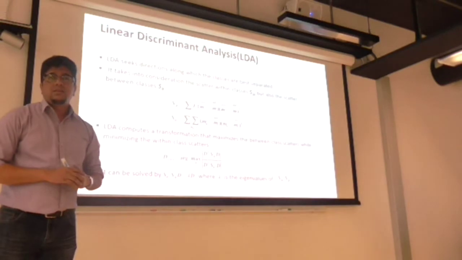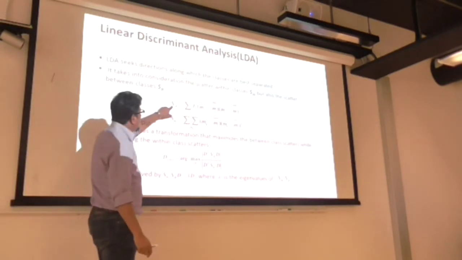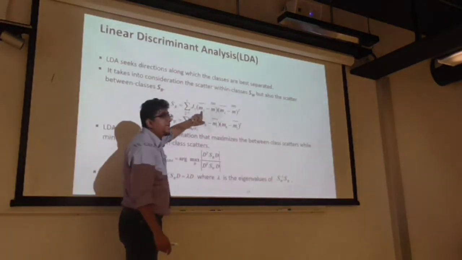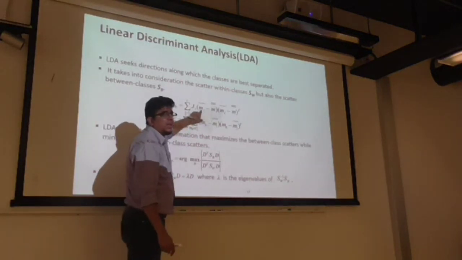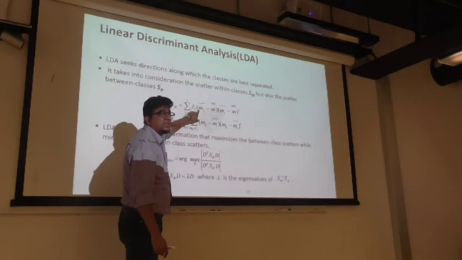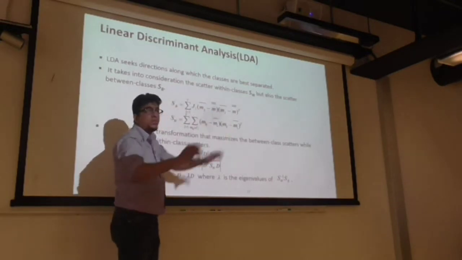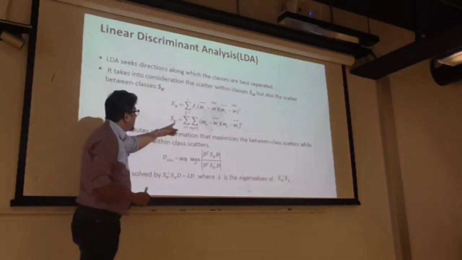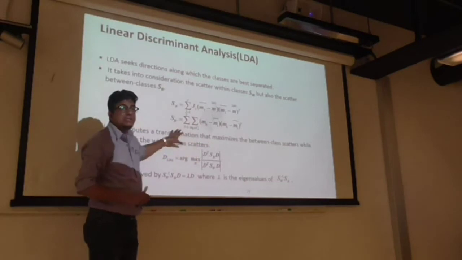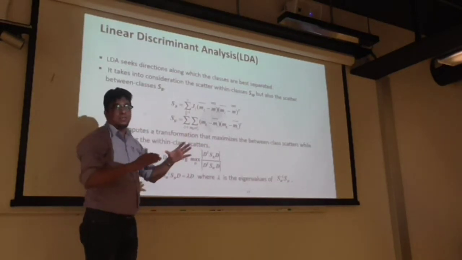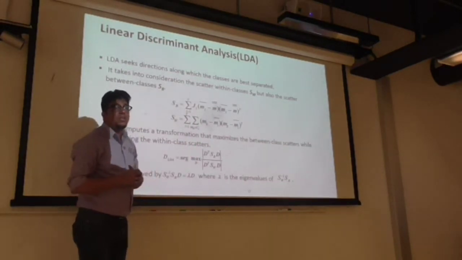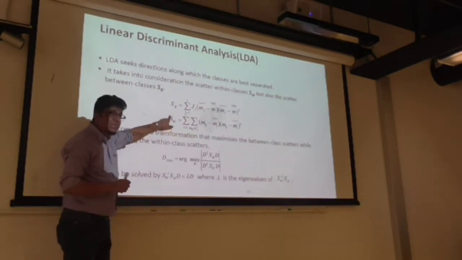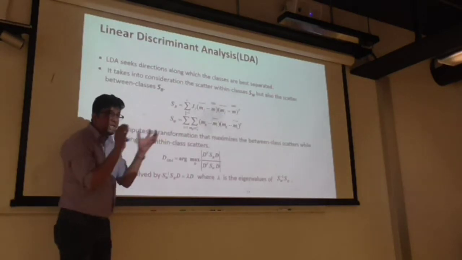Okay? So this is the scatter matrix between classes. You can see the total mean and the specific class mean. So find the means and then find the scatter using the formula. And this is the within class scatter matrix.